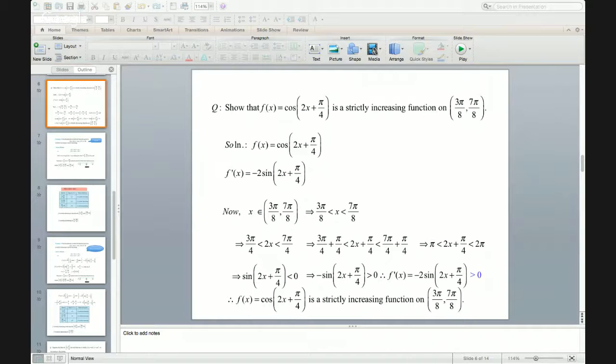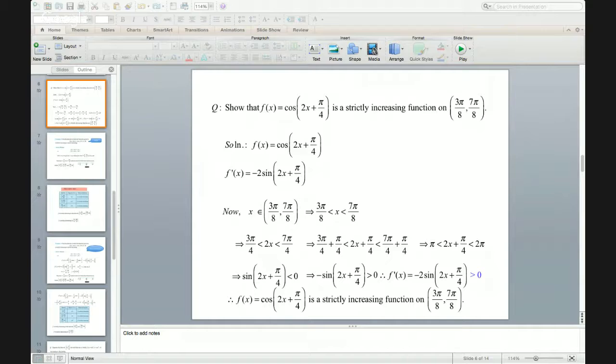So sine of 2x plus pi by 4 will be a negative quantity, and therefore f dash of x will become positive. That helps us conclude that the function is strictly increasing on the interval given to us, that is 3 pi by 8 to 7 pi by 8.